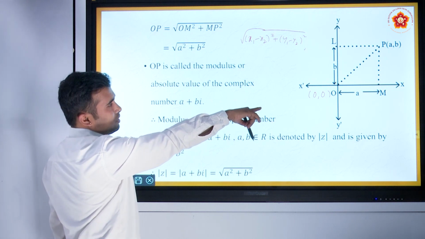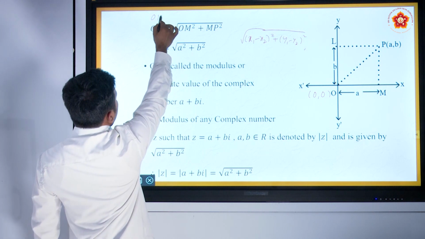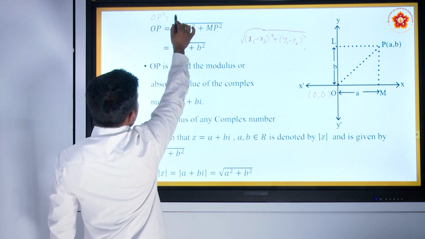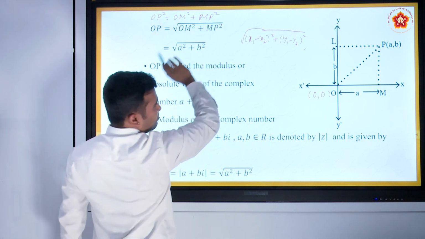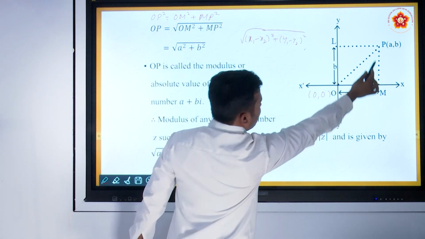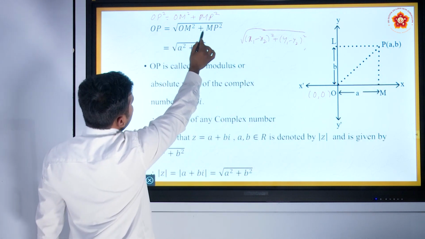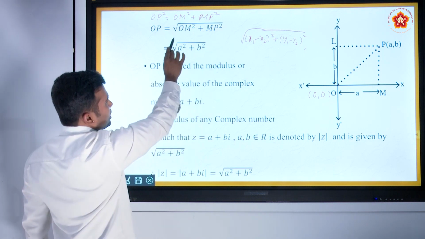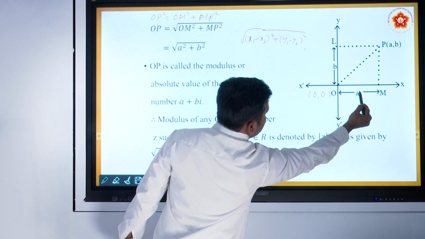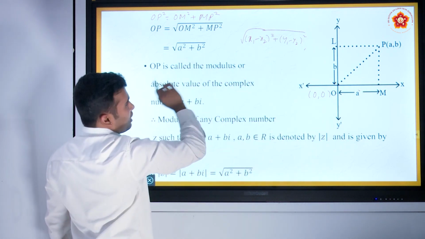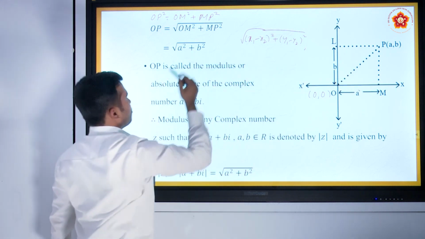With hypotenuse OP, OP square is equal to OM square plus MP square, so OP is equal to the square root of OM square plus MP square. OM square is nothing but a square, and MP is nothing but b, and its square is b square.